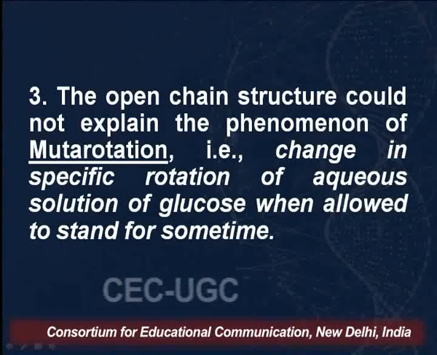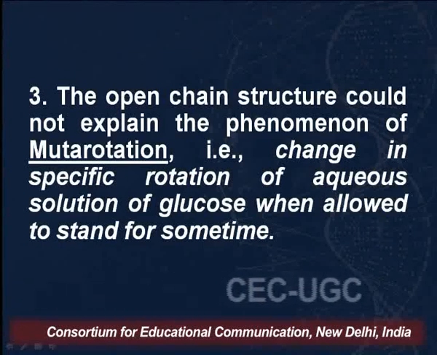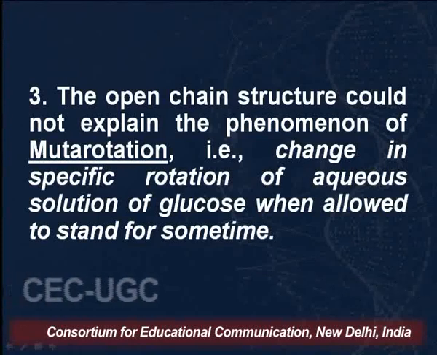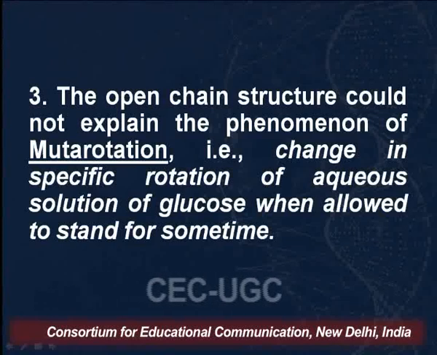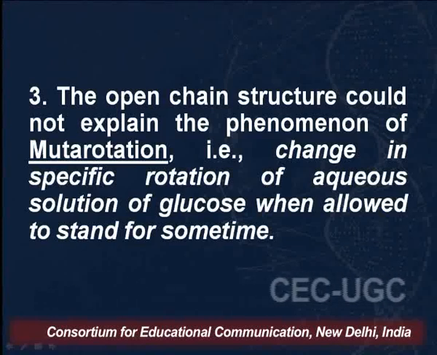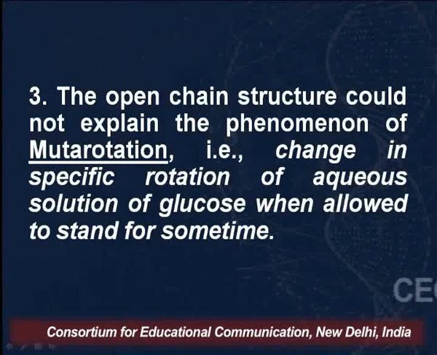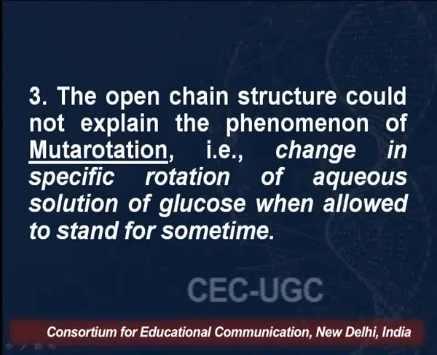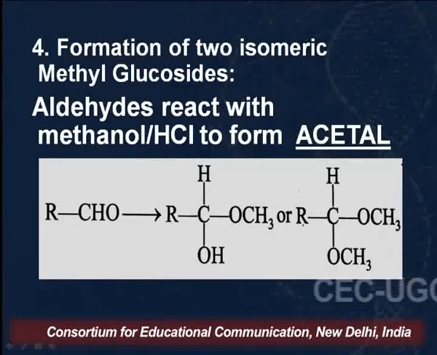It does not change with time. But what was found is that when glucose was dissolved in water, its specific rotation changed with time. So what was so peculiar about glucose that its optical rotation was changing? And this could not be explained on the basis of the open chain structure.